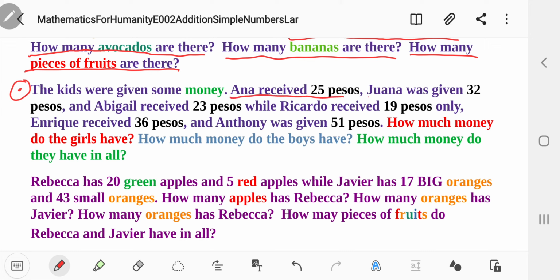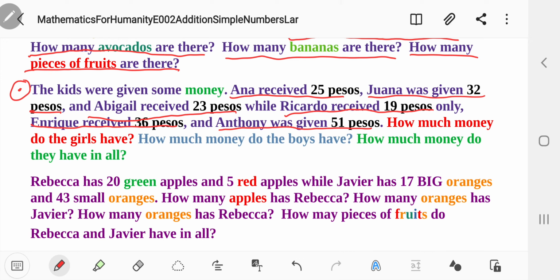Juana was given 32 pesos. Abigail received 23 pesos. While Ricardo received 19 pesos only. Enrique received 36 pesos. And Anthony was given 51 pesos.